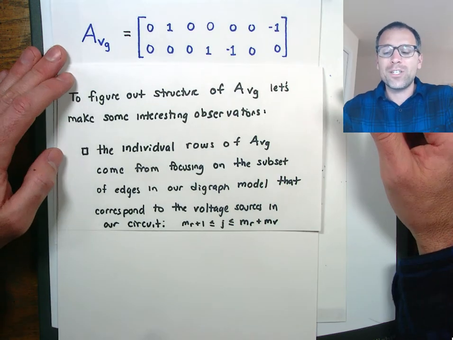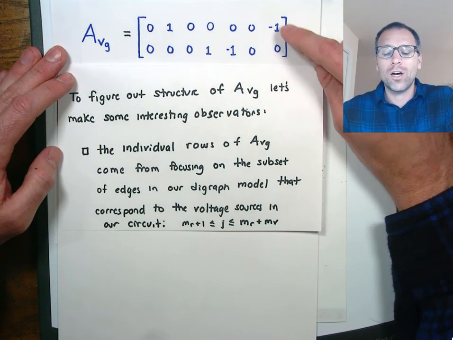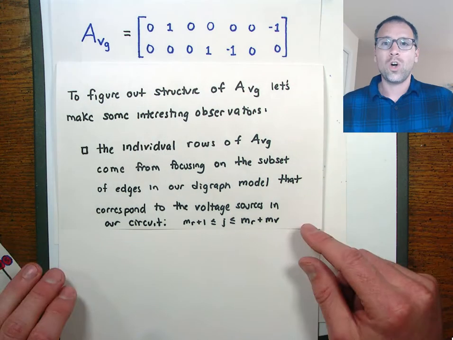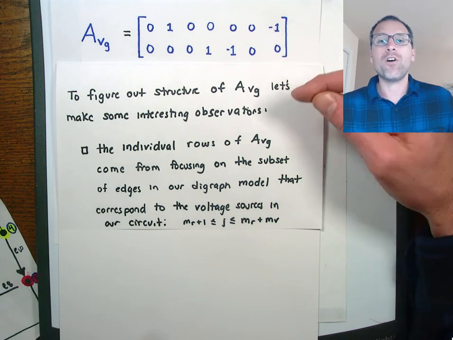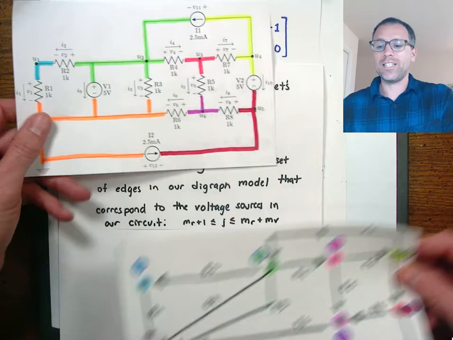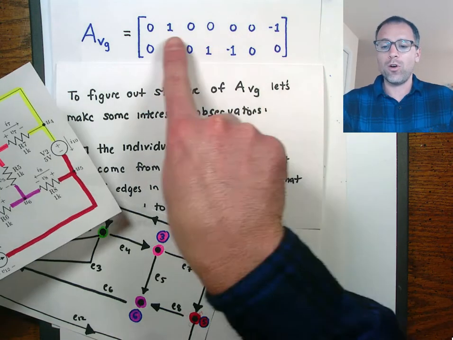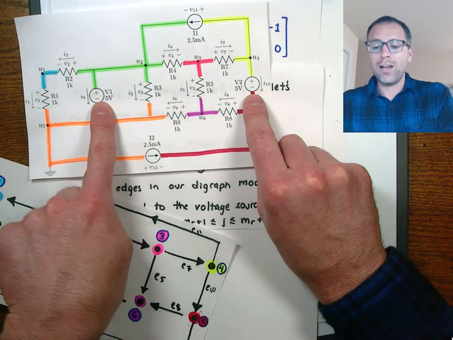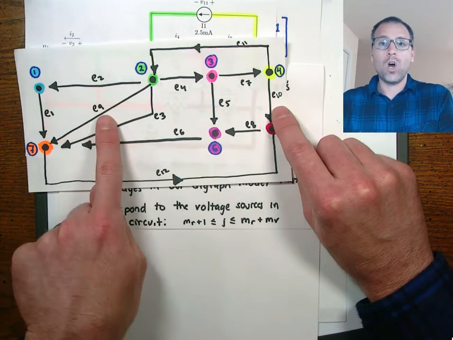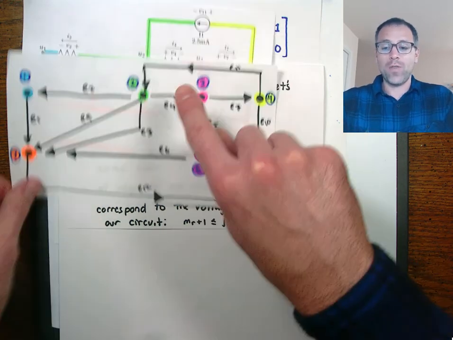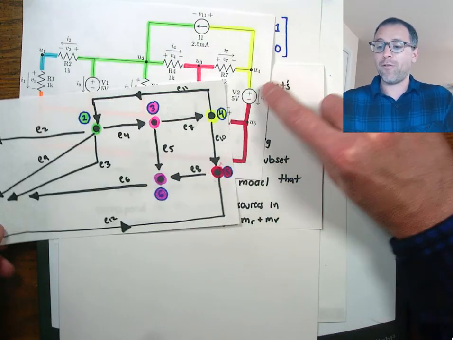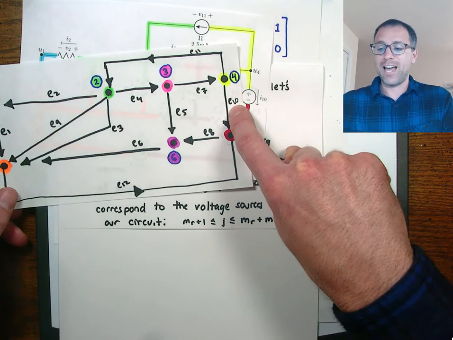The first thing that I would say is that the individual rows of this subblock correspond to the edges of my digraph model that came from voltage sources. Another way to say that is, if I want to know what's going on with those rows, I look at those two elements. Those two elements were modeled as directed edges from that node to that node, that's that voltage source, and then from node 4 to node 5, that's that voltage source.